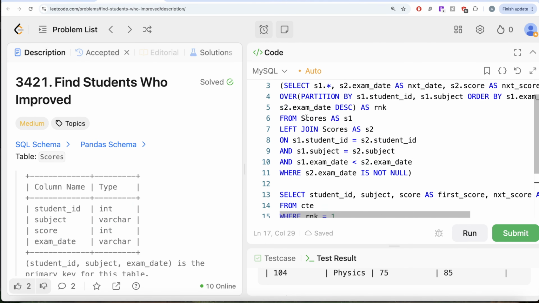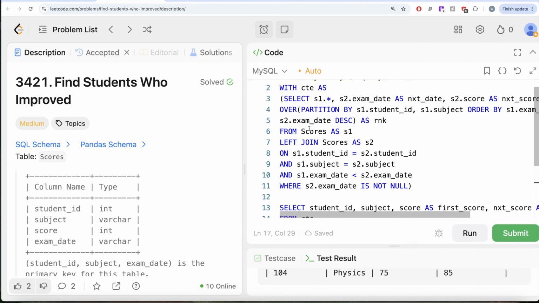Yes, tricky question. What we basically did was firstly we performed a self join of the scores table on itself using the student ID and the subject, making sure the person has taken the exam at least 2 times, so exam date is less than s2.exam date. You can do the reverse as well. And also, since we need to compare the scores, those rows where you don't have an exam date, obviously you don't have a score, so you cannot compare those.